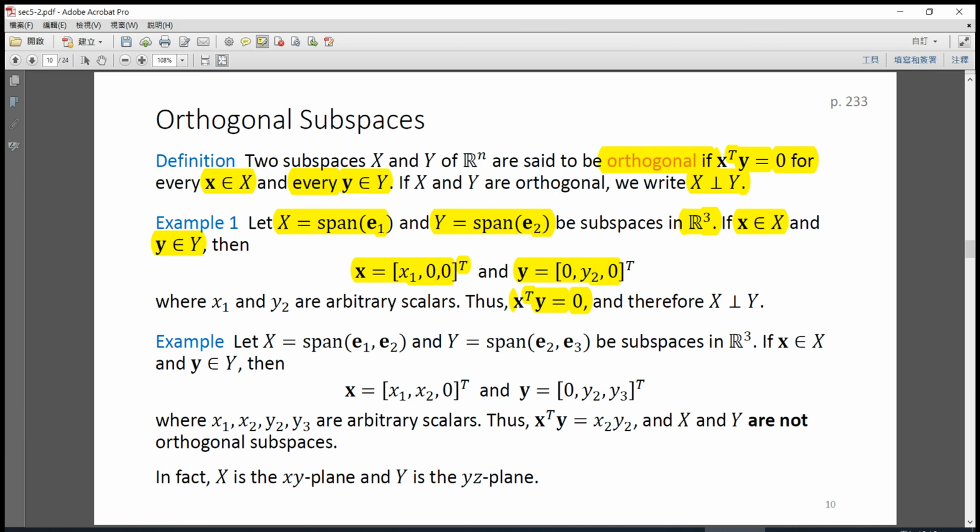And we use the notation X perp Y to mean X and Y are orthogonal subspaces.